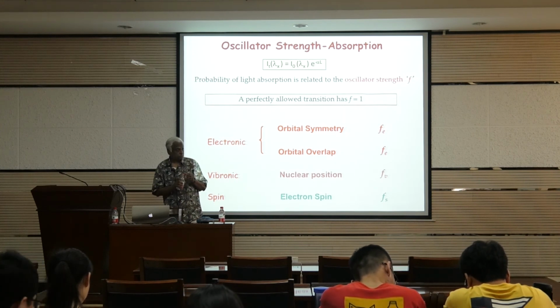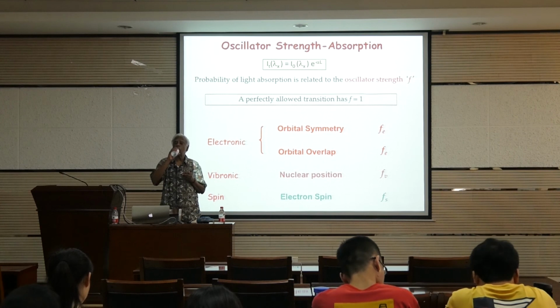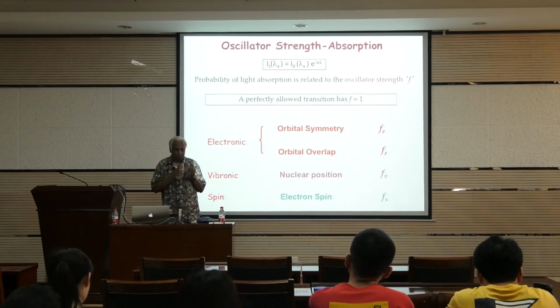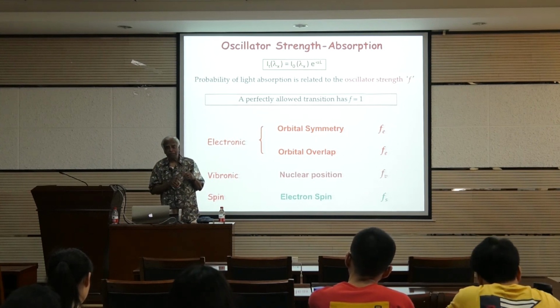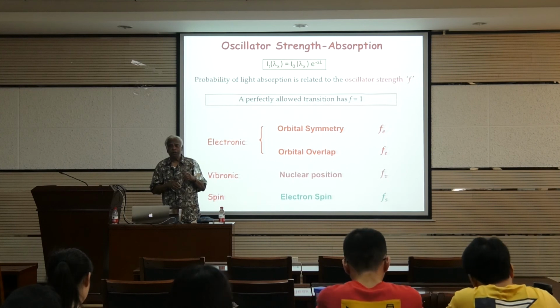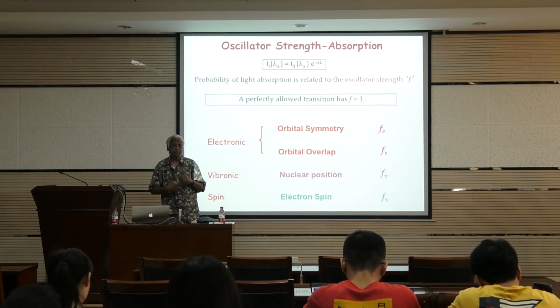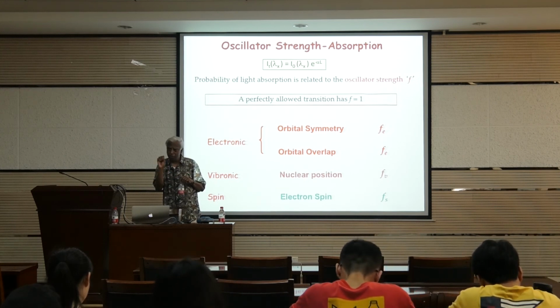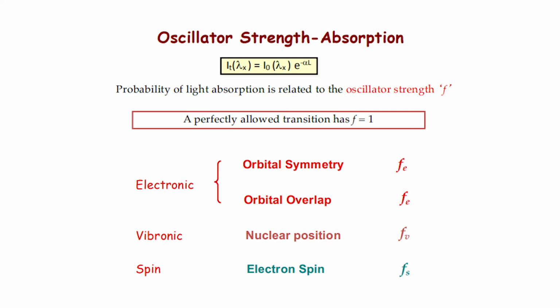Similarly, if you remember, we said that the electronic movement and the movement of nuclei are on different time scales. When the light hits the molecule, the electron is immediately going to go from one orbital to another orbital. That is about 10 to the minus 15 seconds.